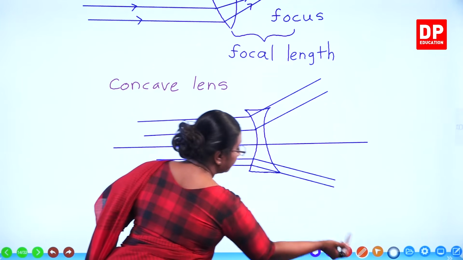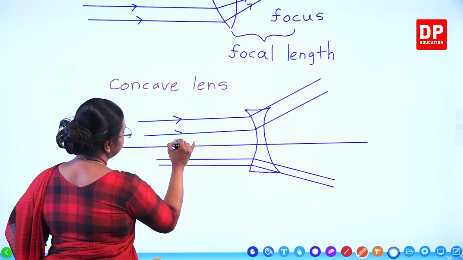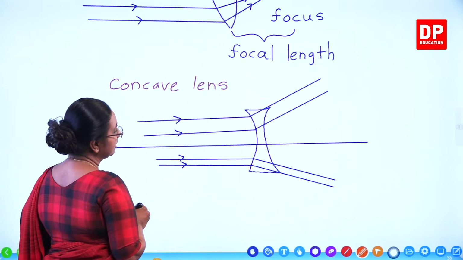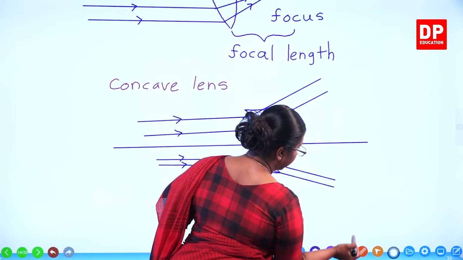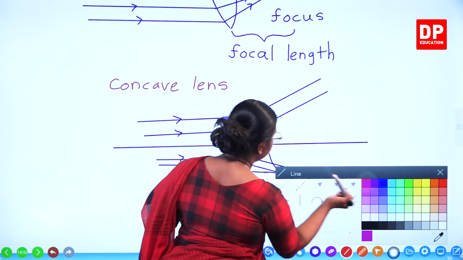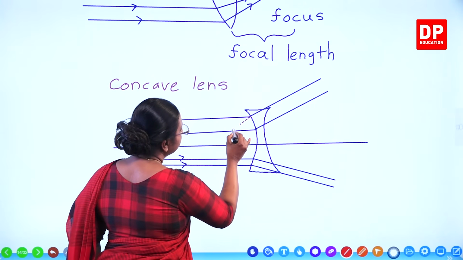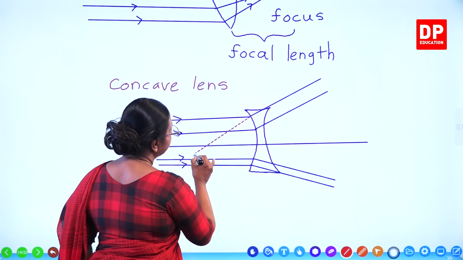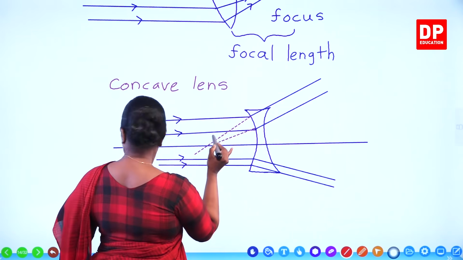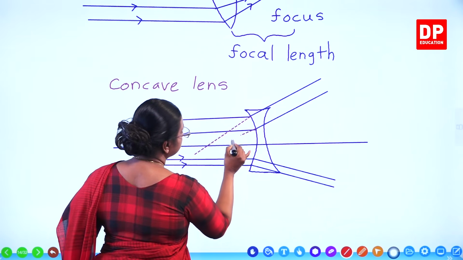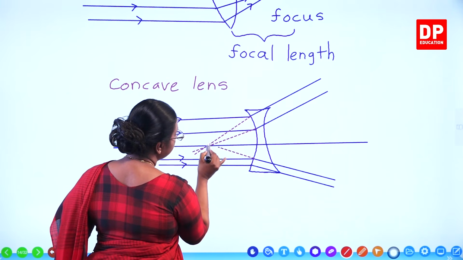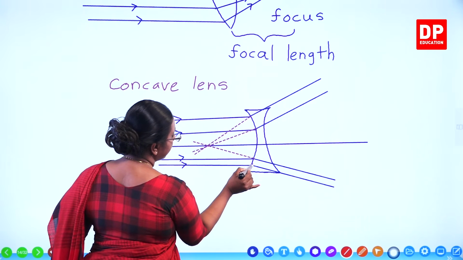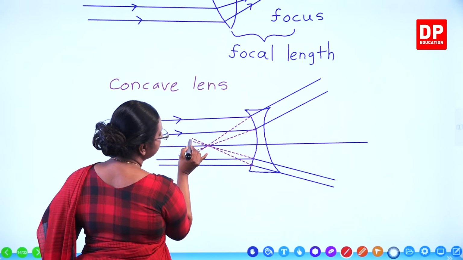Now here, the rays come from this side. This is the incident beam of light. So what we do is, we extrapolate it like this. If we extrapolate it, you can see that they all look as if they are coming from one point.